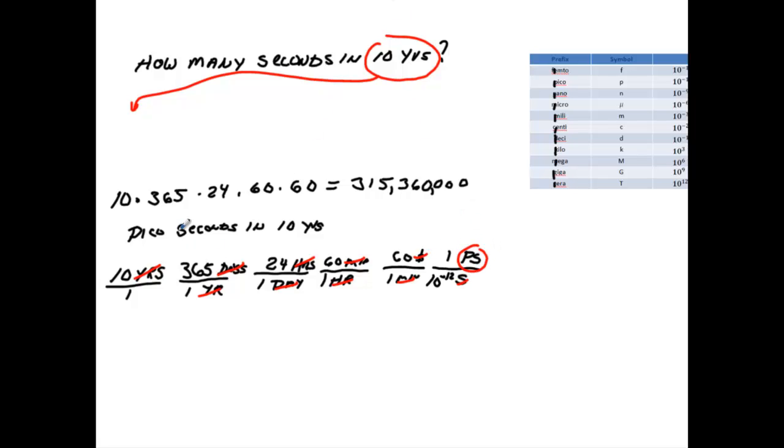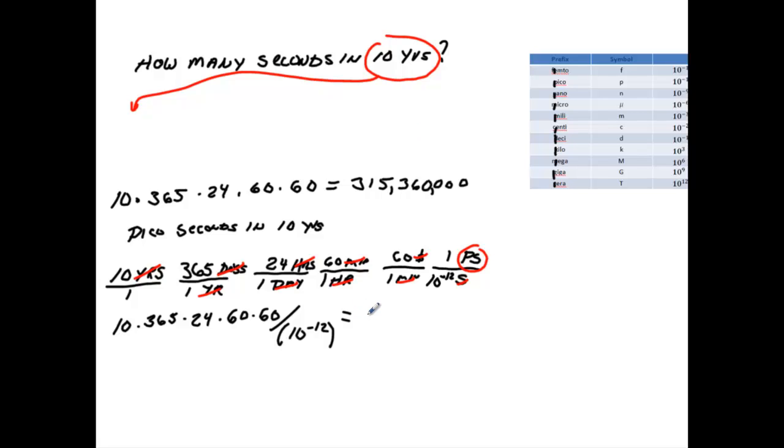So in our calculator, we would do exactly what we did here. We'll do 10 times 365 times 24 times 60 times 60, and now we're going to divide by, in parentheses, 10 to the minus 12. And when we do that, we will get this value.